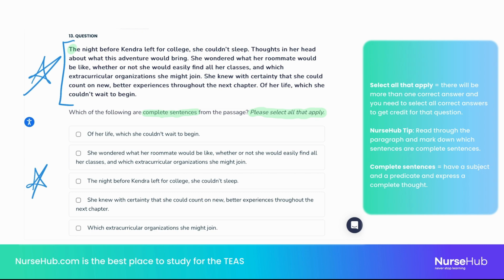So we have our subject there, she. She wondered, there's our verb. And we have our list of 3 or more. Yeah, that's a sentence. She knew with certainty that she could count on new, better experiences throughout the next chapter. She knew, and what she knew of her life, which she couldn't wait to begin.